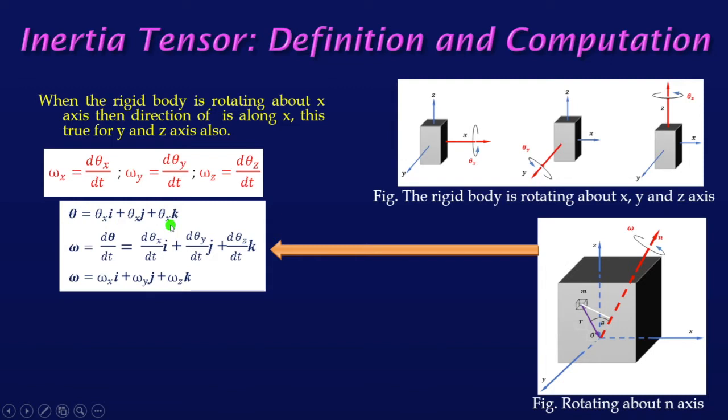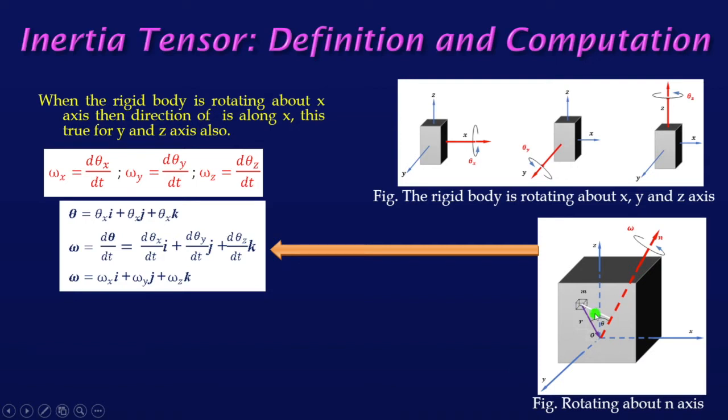The total angular displacement is theta, and with respect to x, y and z, the angular displacements are theta x, theta y and theta z.